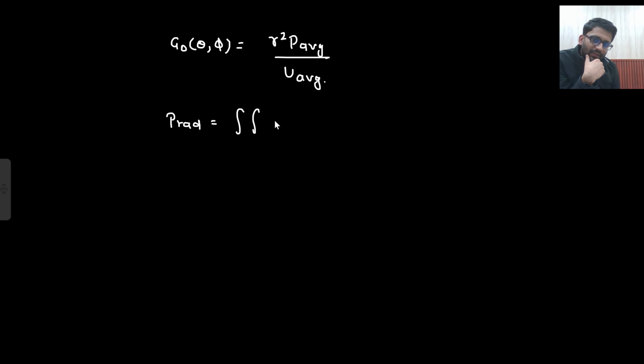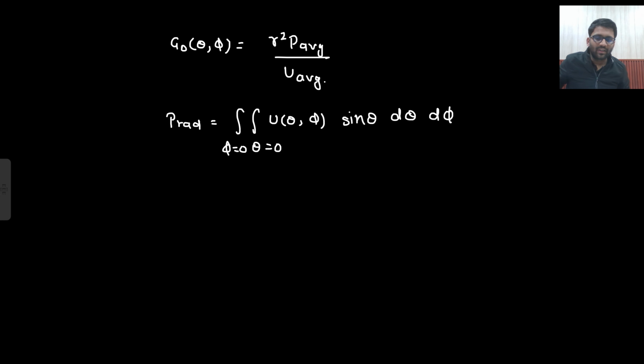So what is my G D theta comma phi? That would be r square into P average divided by U average. And how I was getting U average, if you remember, we started with P radiated. Then we told that here you will have U theta comma phi, then sin theta d theta d phi. Now we need to take the limit of theta and limit of phi. Now for a hemisphere, just let me know one thing.